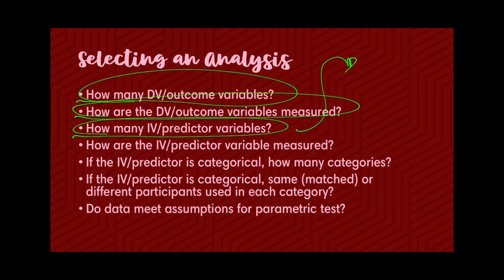If you are only dealing with two variables at a time, then that's bivariate. But if in that test you can deal with more than two variables at a time, then that's a multivariate.